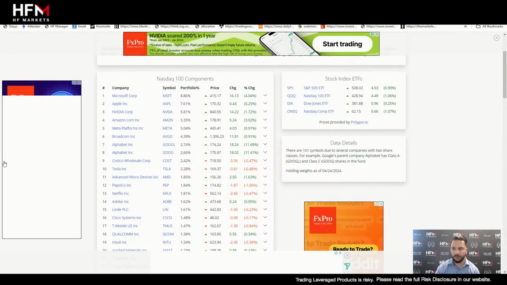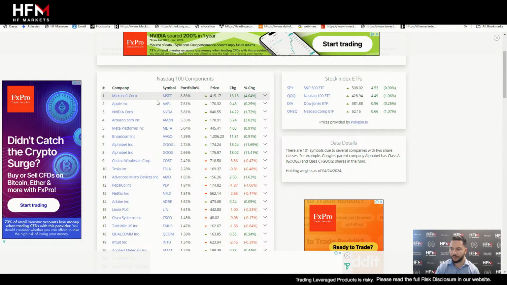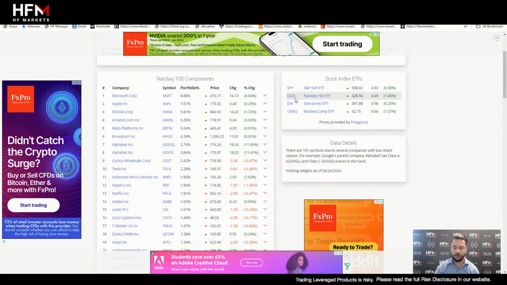Now, the other thing people also take into consideration when trading is they look at the most influential stocks. And when they're trading, they want 75% of those stocks to be trading in the direction of their signal. So, for example, if they want to speculate that the price of the Nasdaq is going to increase in value, they will look at the most influential stocks and say, I need 75% of those stocks to be increasing in value for it to coincide with the signal.